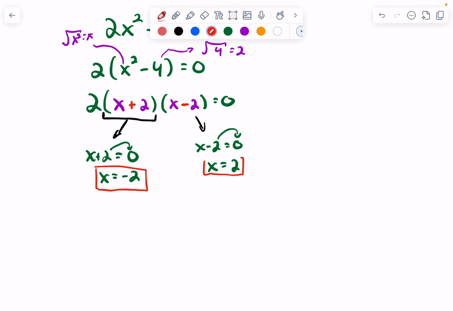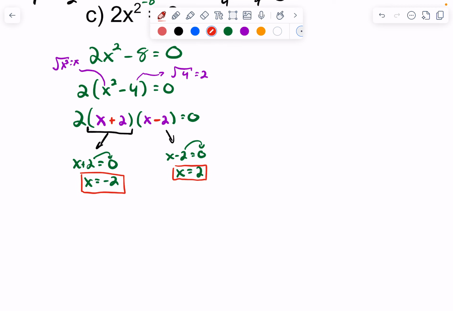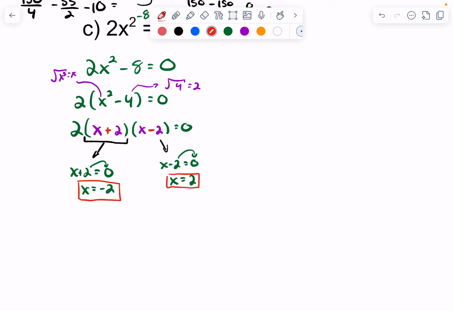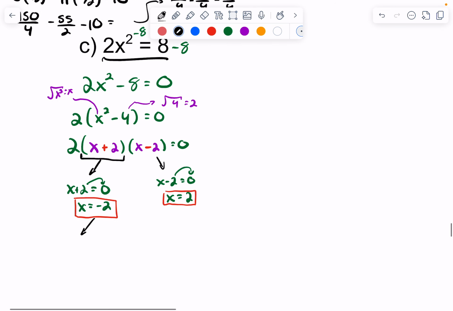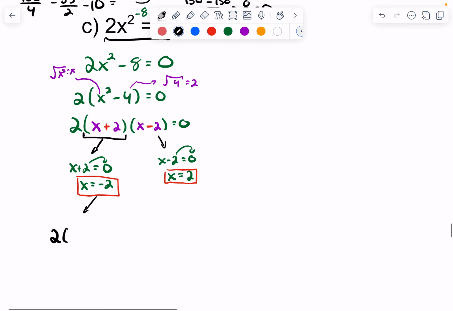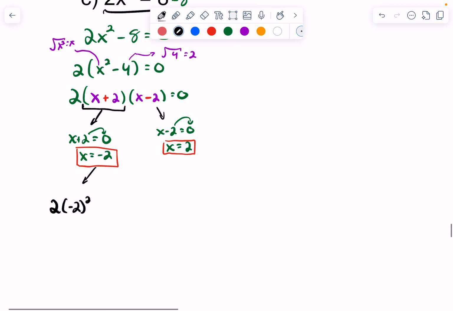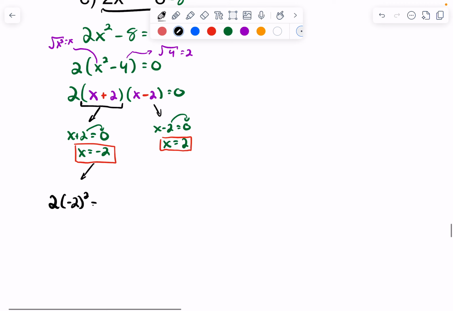Okay. But remember, we also need to check if these are actually solutions. So plug it back into the original problem. So take negative 2 and plug it into the original equation. So that would be 2 times negative 2 squared, and we'll just go back to the 0, minus 8, since we brought that 8 over.